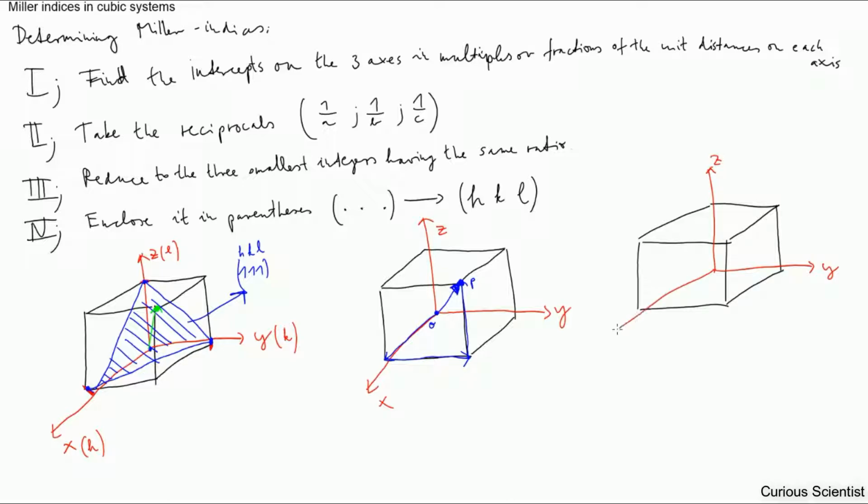Z and X. And now let's say that we just want to draw the 1, 0, 0, which means that we step 1 on the X direction, and 0 on the Y direction, and also 0 on the Z direction. So therefore we just have this, and this will lead us to this plane on the face.